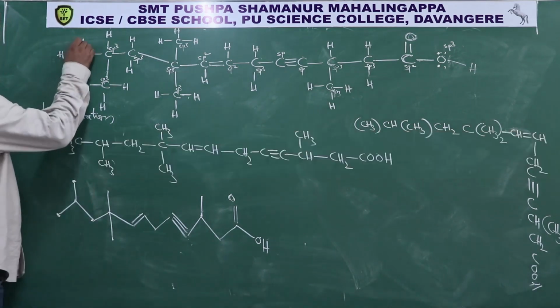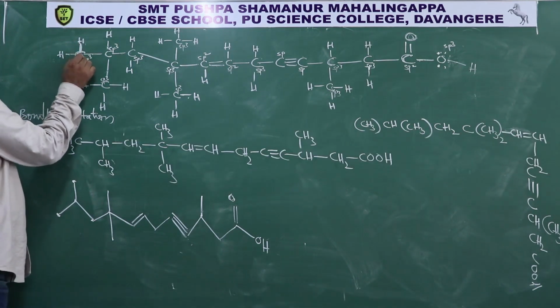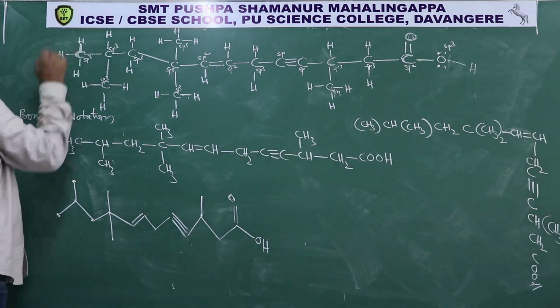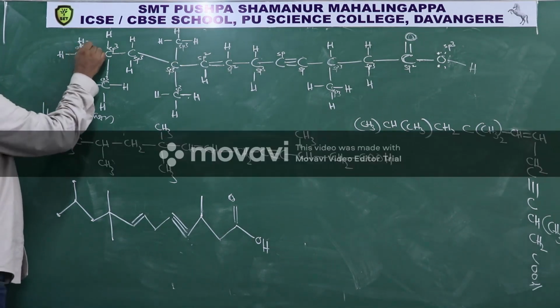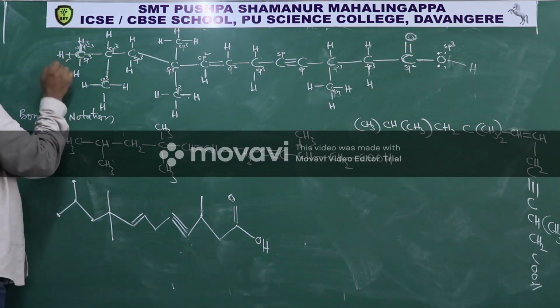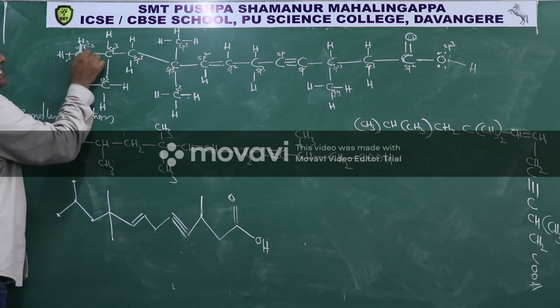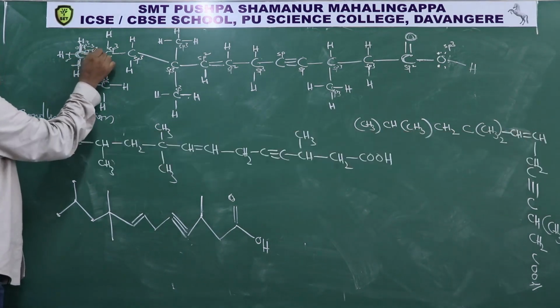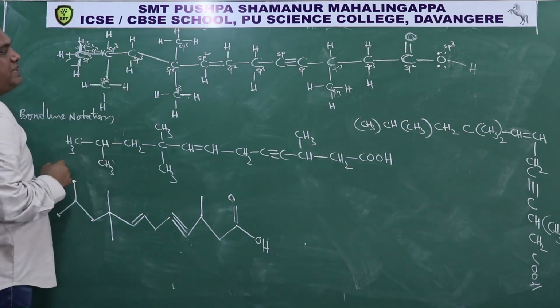Then how is this bond formed? By the overlapping of a half-filled sp3 hybrid orbital of this carbon with the s orbital of hydrogen. Therefore, this bond is sigma sp3-s. This is sigma sp3-s. But this is sigma sp3-sp3.